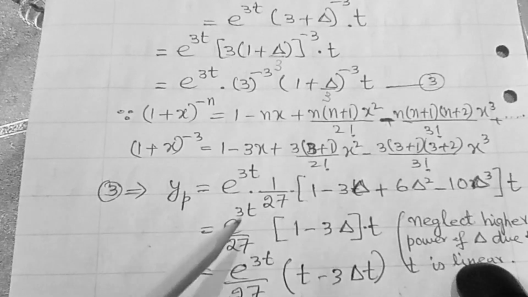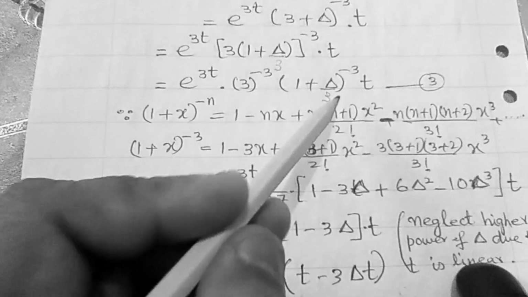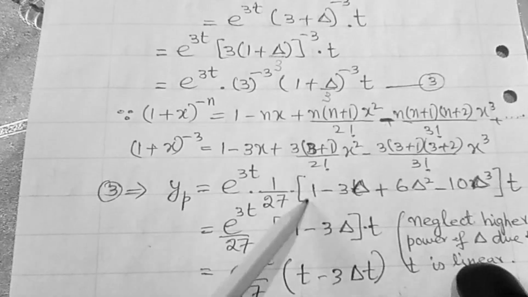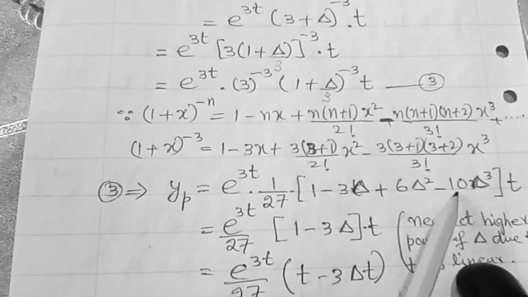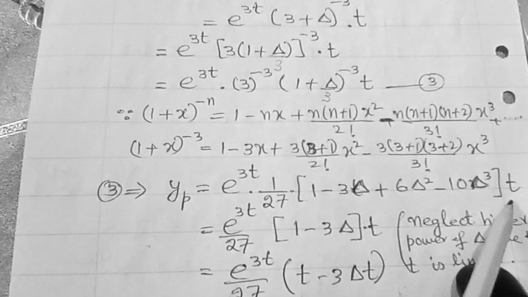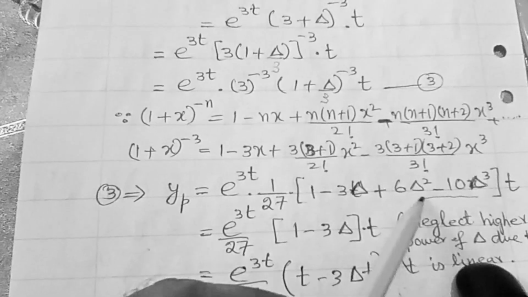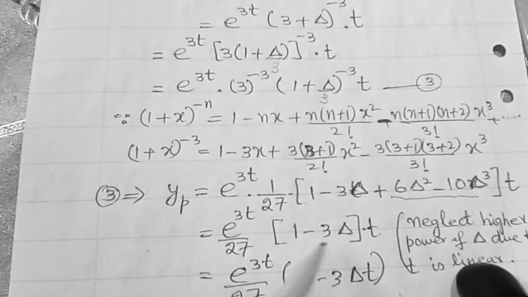So this will be exponential 3t into 1 upon 27, and in this bracket we apply the same binomial formula, 1 minus 3 delta plus 6 delta square minus 10 delta cube into t. Because we have a linear polynomial, these two terms will be neglected. Only we will consider here 1 minus 3 delta.